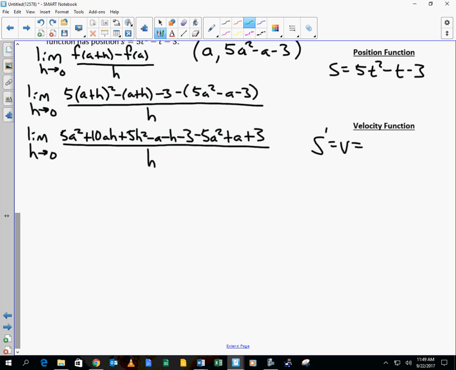As we said, if it doesn't have an h, it should cancel. Does that happen? Yeah. Notice that back here, these are all pieces that don't have an h. So you should be able to tick all those off, hopefully, right away. Does everything else have an h? So can we divide the h off? The discontinuity is then removed. So I have a 10a, I have a 5h, and I have a minus 1.